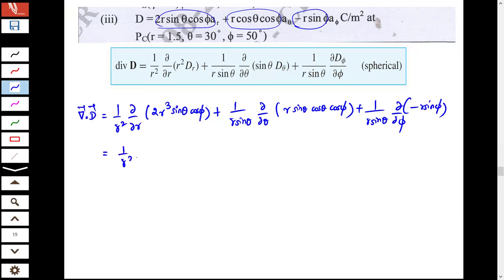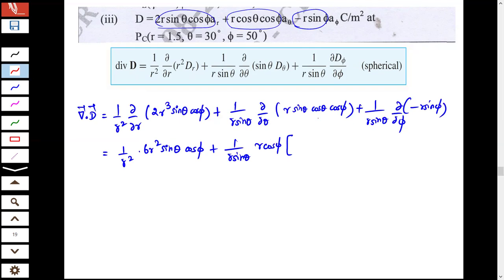So 1 by r square, and here you'll get 6 r square sine theta cos phi plus 1 by r sine theta dou by dou theta. I will write the constants first. R cos phi is constant.